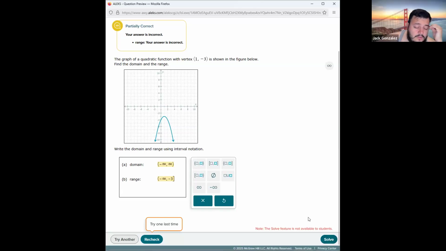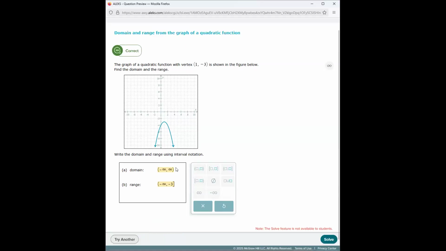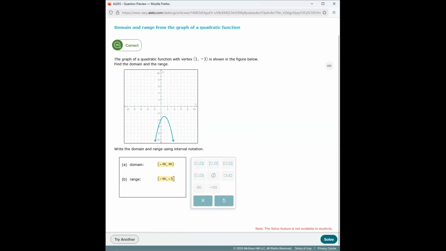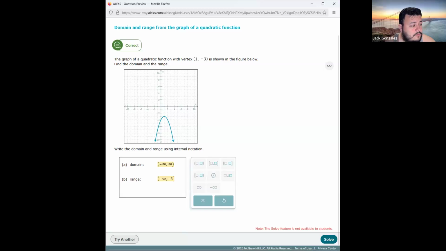Guess I'm a little tired. So the most negative and lowest one always goes first. So it's negative infinity all the way until -3. Sorry about that. All right, so that's number 3. 4 is the same type of deal. Let's go to 5.